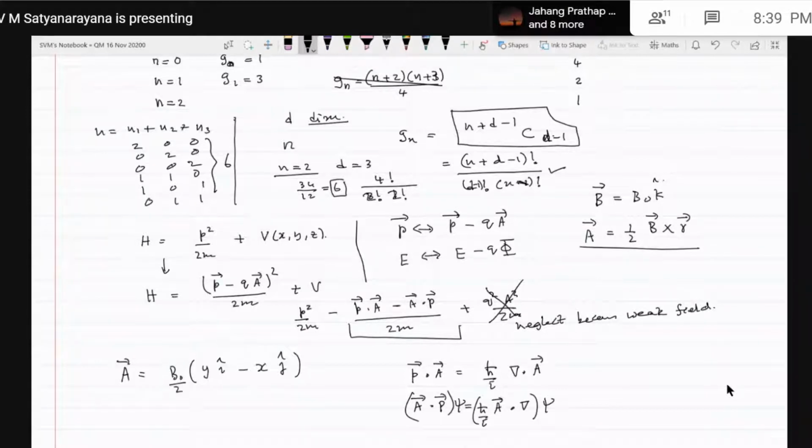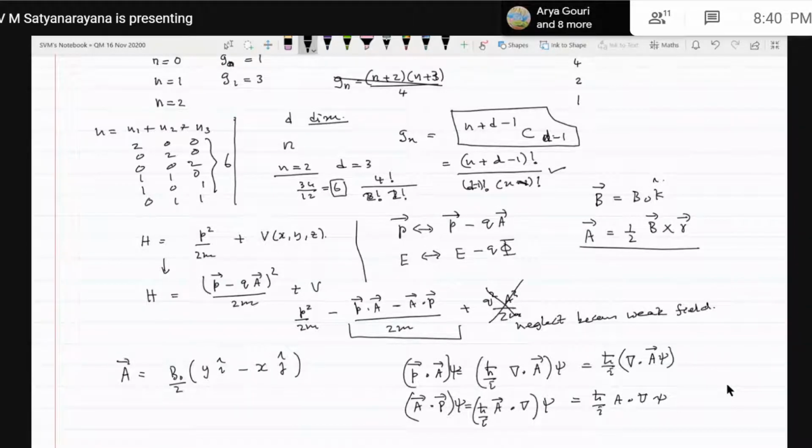A dot p psi is h bar by i into A dot del psi, whereas p dot A psi is h bar by i into del dot (A psi). So this can be written as h bar by i into (del dot A) psi plus A dot del psi.